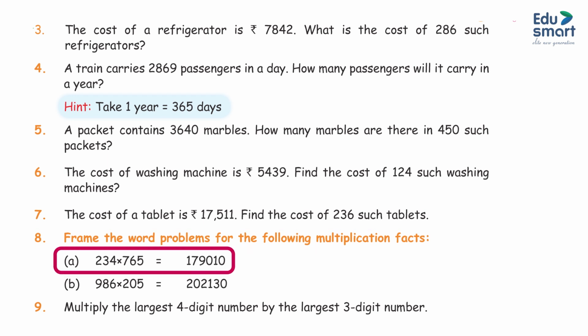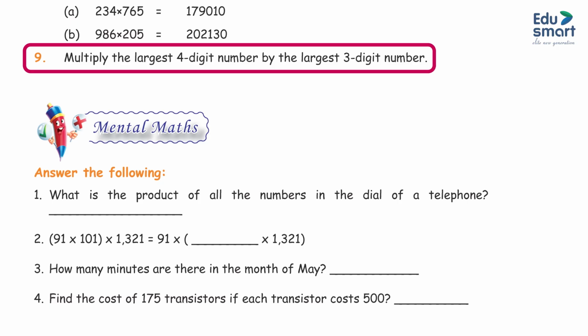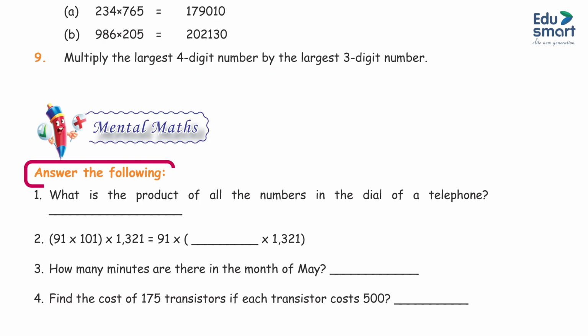A. 234 into 765 is equals to 1,79,010. B. 986 into 205 is equals to 2,02,139. Multiply the largest 4-digit number by the largest 3-digit number. Mental maths. Answer the following.